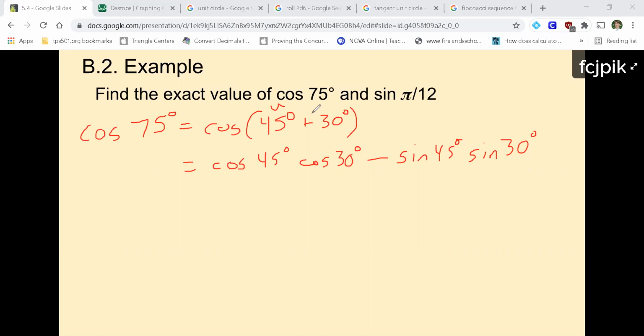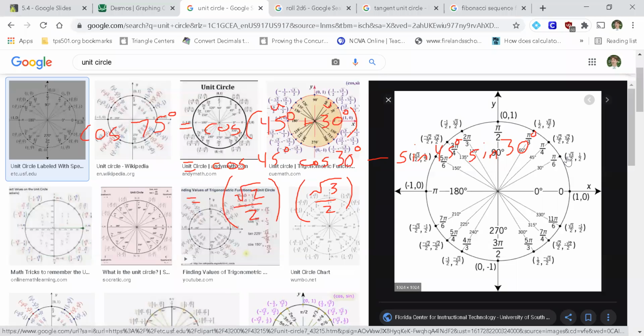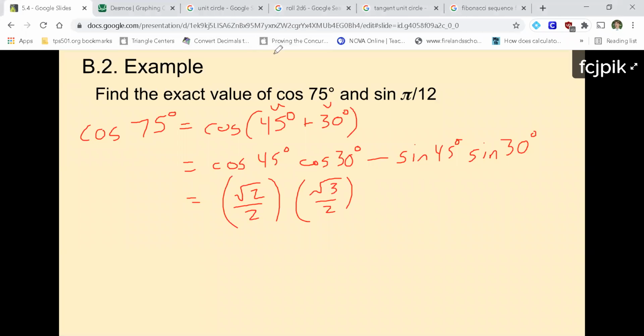This would be u, and this would be v. And now I can find out what all 4 of these are with my unit circle. Cosine of 45 is square root of 2 over 2. Cosine of 30 is square root of 3 over 2. Remember, cosine is the x values on the unit circle for these 2 angles. Sine is the y values. So this would be minus square root of 2 over 2 times a half.